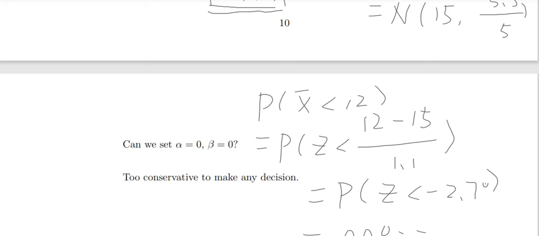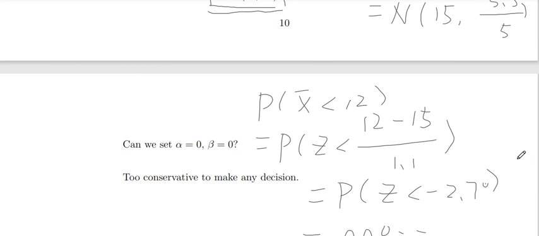We cannot expect alpha and beta to be 0, because if they were 0, it would mean we make no mistake. If we want to guarantee no mistake, then we almost cannot make any decision, right? So we cannot expect alpha and beta to equal 0, but we can hope they are quite small.